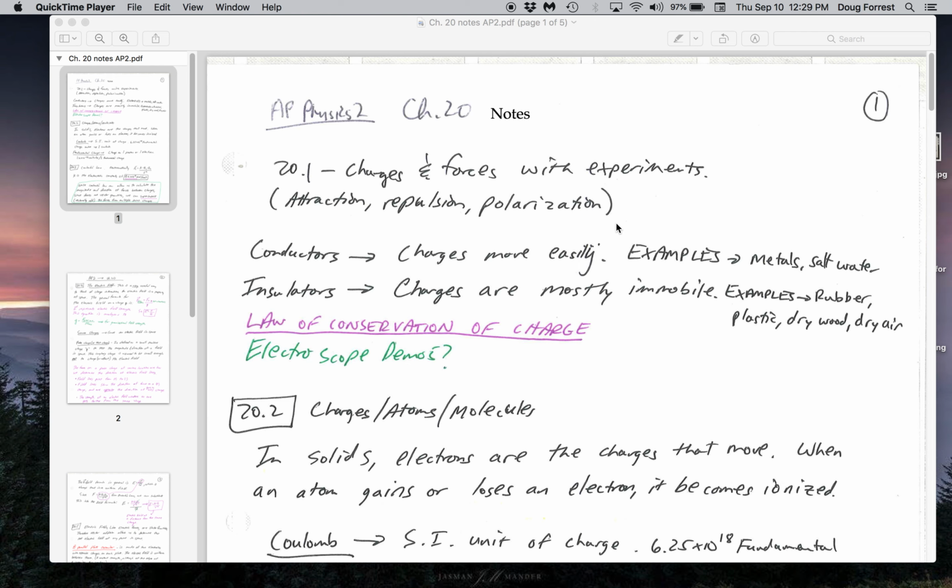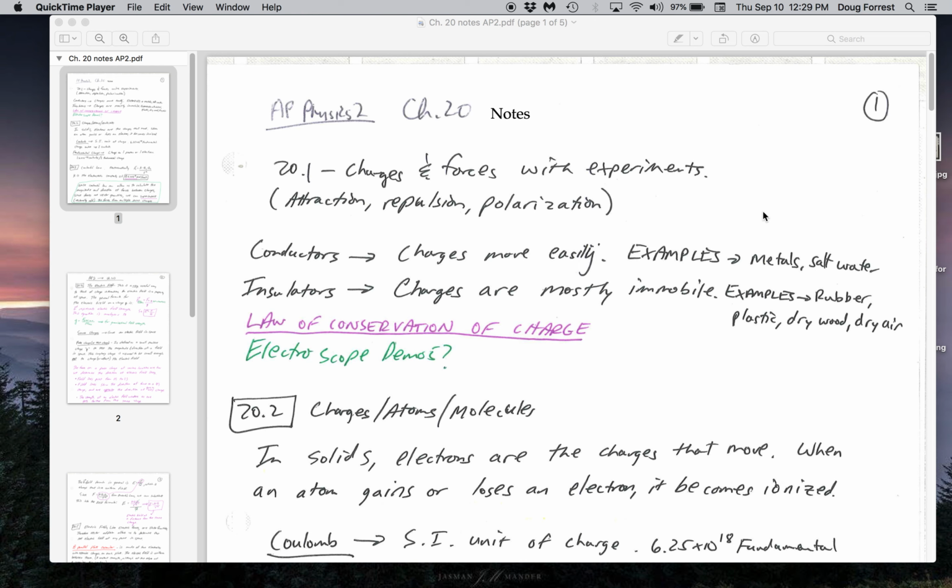In section 20.1, it deals with charges and forces, and they do a bunch of experiments with attraction, repulsion, and polarization. With that, some big ideas. Conductors are objects where charges are free to move easily.